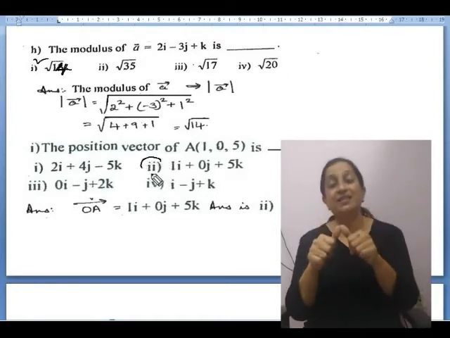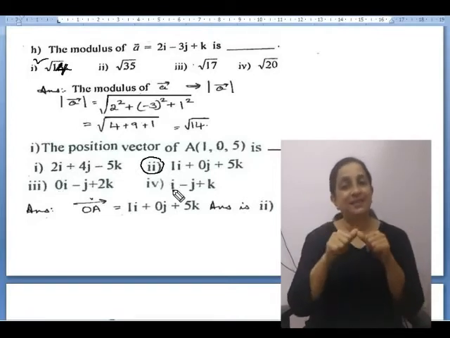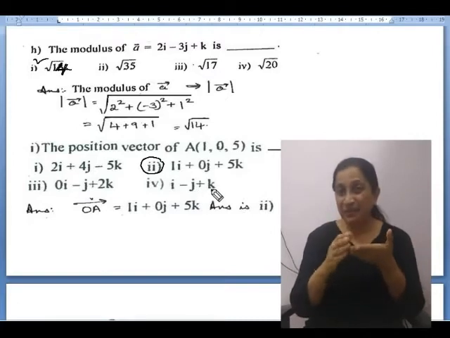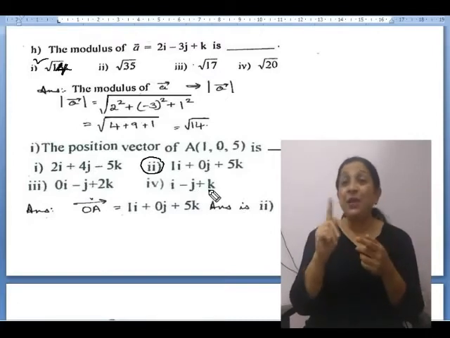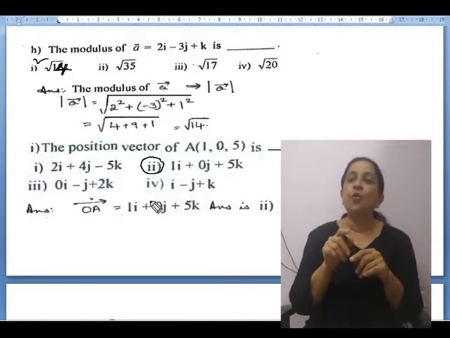So the answer is this one. Obviously it can't be 2i, it can't be 0i. There is 1i here, but the j component is not 0. The k component is not 5. So this cannot be the answer.